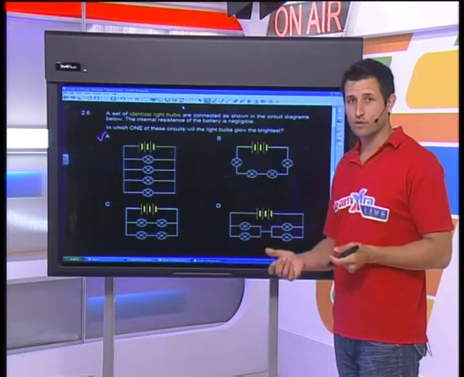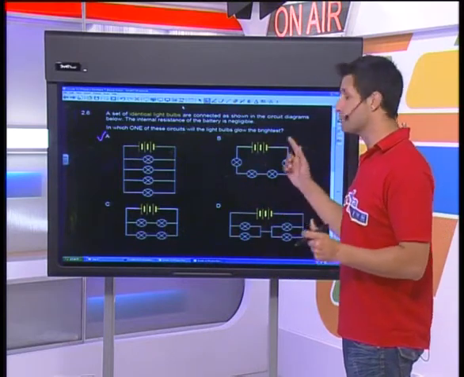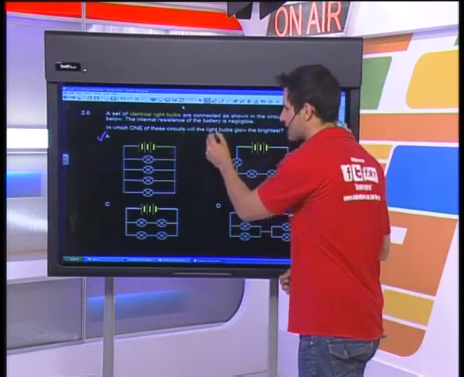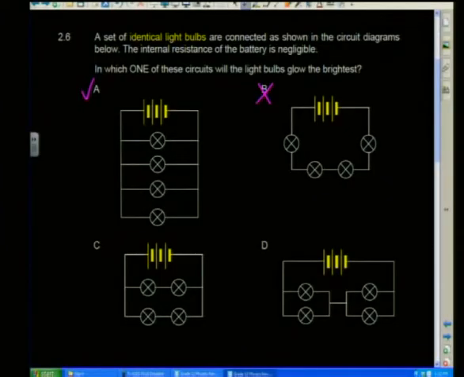Option B, what's going to happen is you're going to divide up your voltage among 4 because they're connected in series. B is actually going to be the dimmest. Okay, well now between options C and D, what you're actually going to find is that they're connected in exactly the same way, except we've got a Wheatstone bridge in the case of D, and over on option C, it's just unconnected in the middle. But what you'll find is that C and D actually have the same brightness.